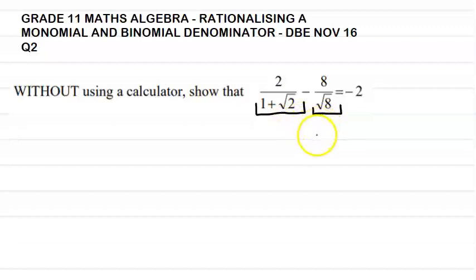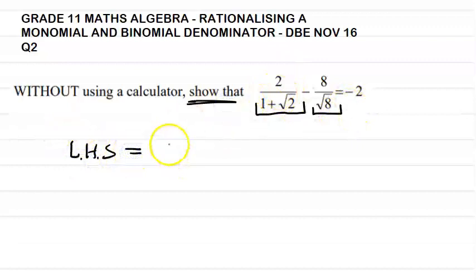Now, how do we rationalize this thing? What we have to do is multiply by 1. If it's a binomial denominator, we're going to multiply by its conjugate. So let me just explain what I'm going to do. First of all, it says without using a calculator, show that. In a show that question, we have to show that the left hand side is equal to the right hand side.